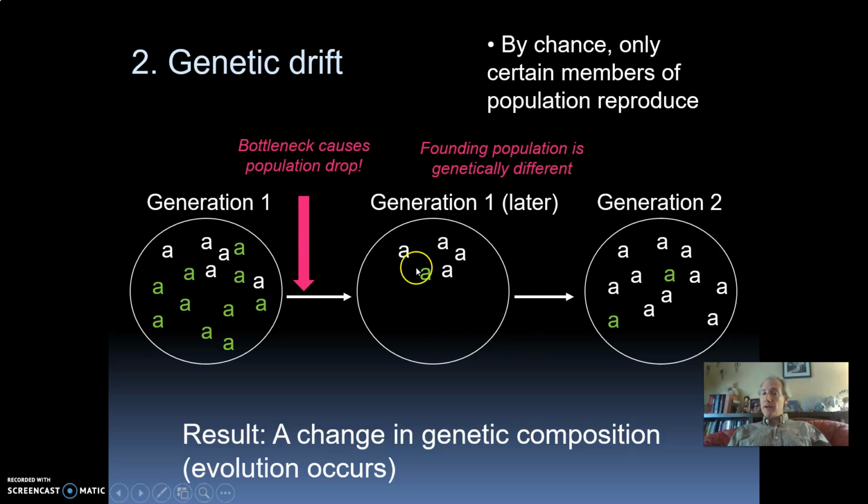It wasn't that the white survived longer and reproduced more offspring than the green. It was simply that one bad day happened, a bottleneck happened, and the ones that survived were by chance different genetically than the ones that died. And therefore, they're not more fit because they survived. There's no fitness here.